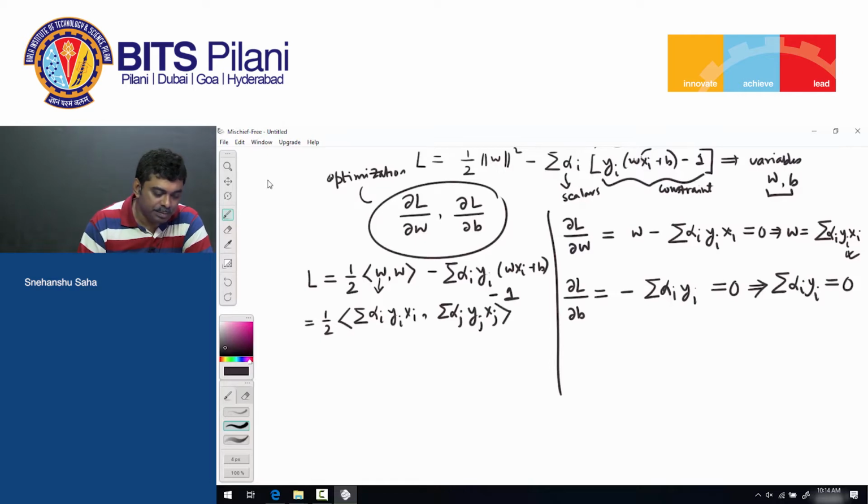Makes sense, right? And then we expand the other expression. If you do that, you have alpha i yi xi, and then you have a w, and this w you once again write as summation alpha j yj xj. Then you have a term which is summation alpha i yi b, and summation alpha i.